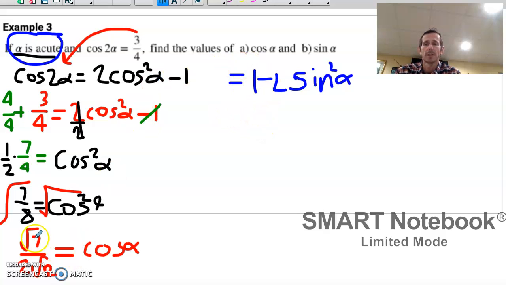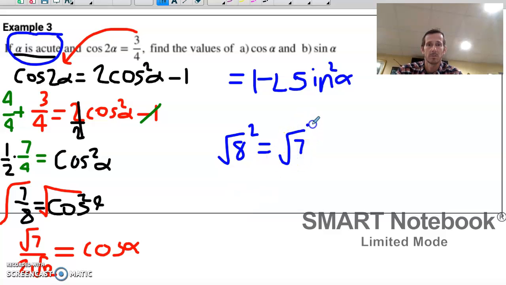Or, since we now know cosine, we basically have x and r, and I need to find y. So I'm going to go back to these, because these are my x and r's. The radius is square root of 8, squared, equals my x, square root of 7, squared, and I am attempting to find what y squared is in this problem.